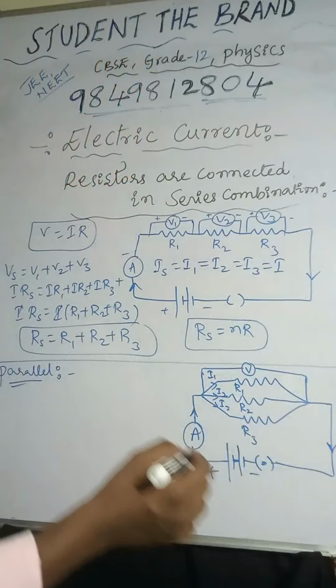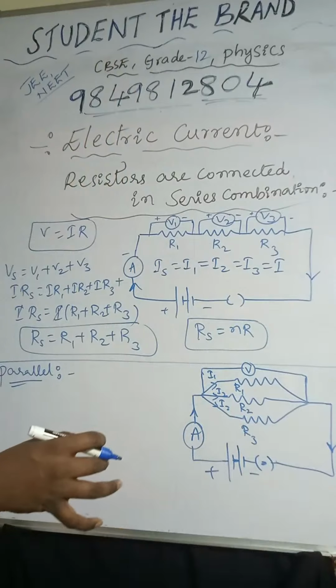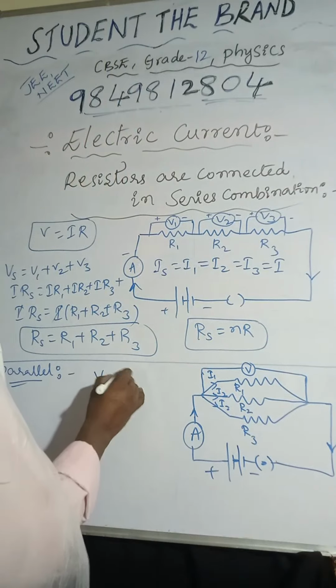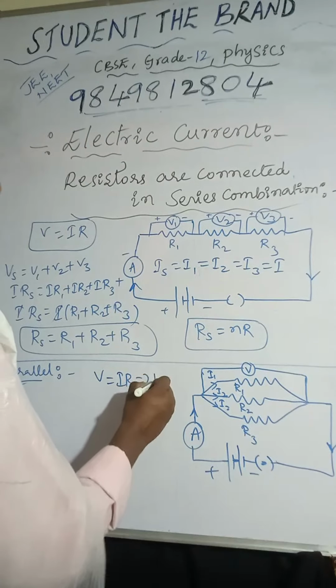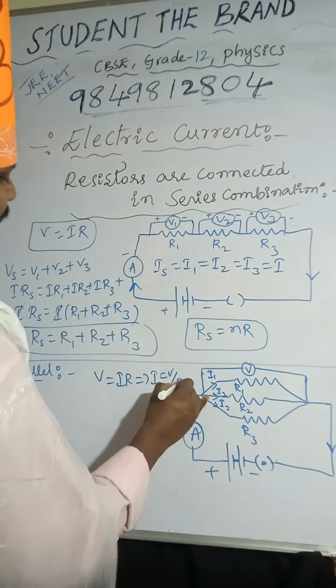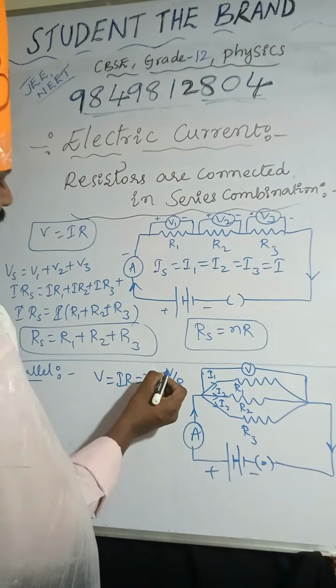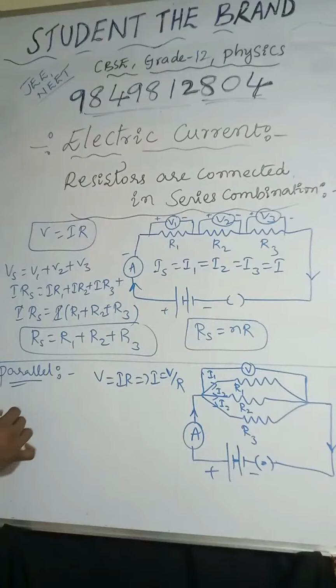So now you can observe resistors are connected in parallel combination. So V equal to IR, I equal to V by R, V by R, V by R.